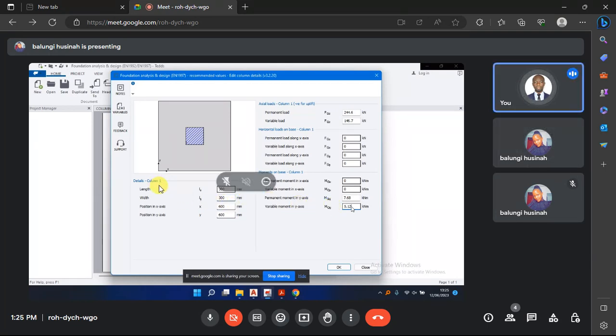But now change the column details. I'm seeing length and width they are the same. I'm seeing width I think is 230. I think we are okay. We are good to go.